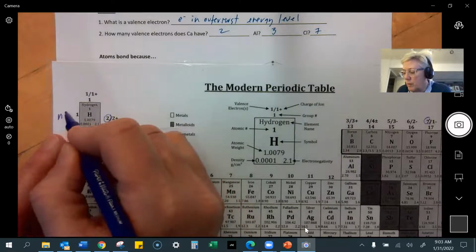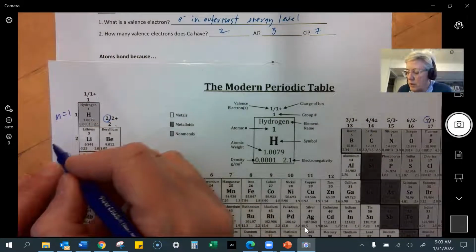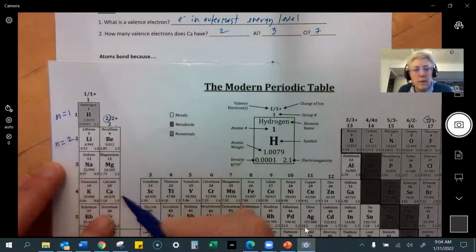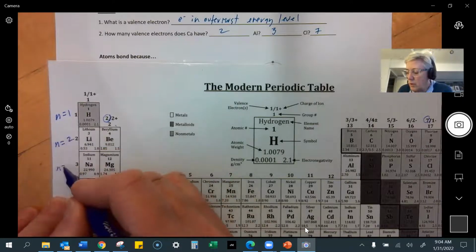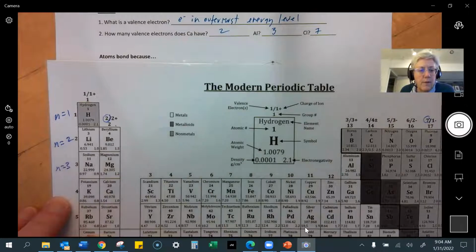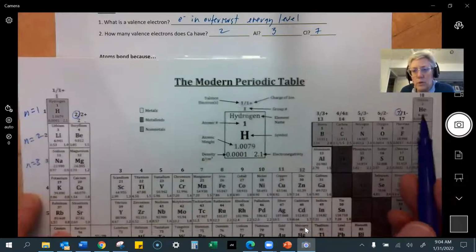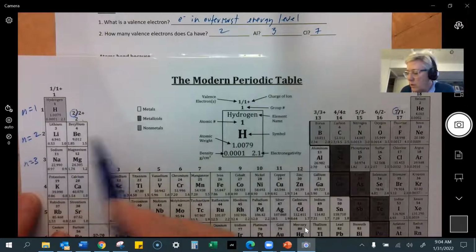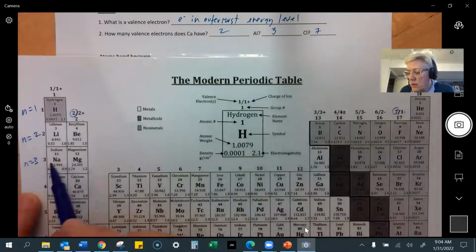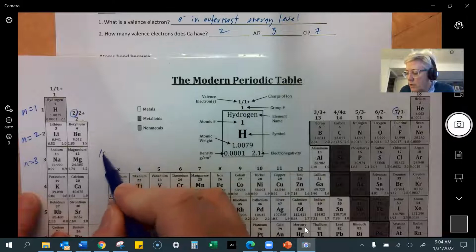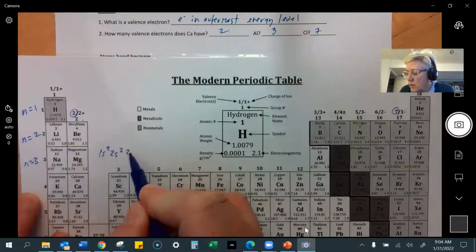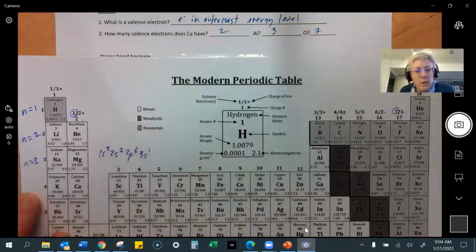So you might remember principal energy levels are N equals 1, N equals 2, N equals 3. And if I were going to do the electron configuration of sodium, I would go 1s2, 2s2, 2p6, 3s1. So for sodium, that's what it would be.